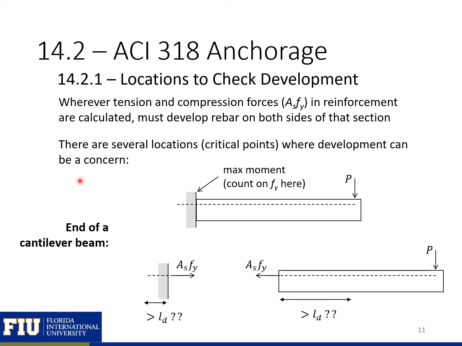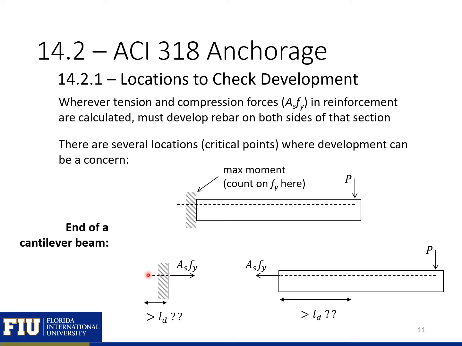The first is at the end of a cantilever beam. The maximum moment is at the end of the beam, or sorry, at the interface between the wall or column and the beam. So this is where we're depending on Fy. So we need to make sure that we have a sufficient development length into the wall or the column.